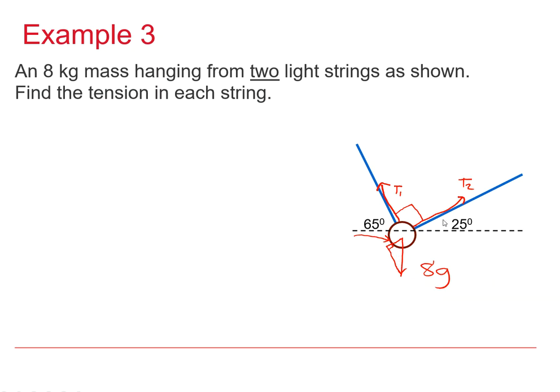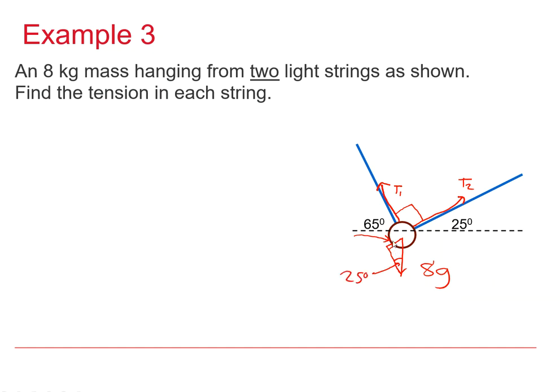If we look at the angles we have here, we can see that this angle of 25 degrees must be this small angle here, and this 65 degrees must be this angle here. We could choose to work with either of those angles, and that's always the case in a right angle triangle, because you can always work out what the other angle is. So let's just make a choice, and let's work with this one. So that's the 25 degrees.